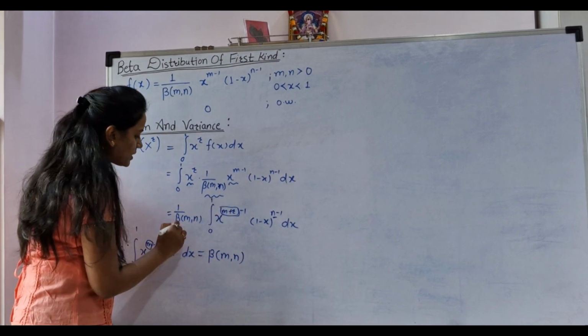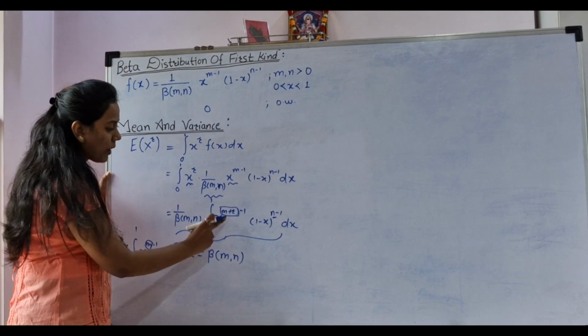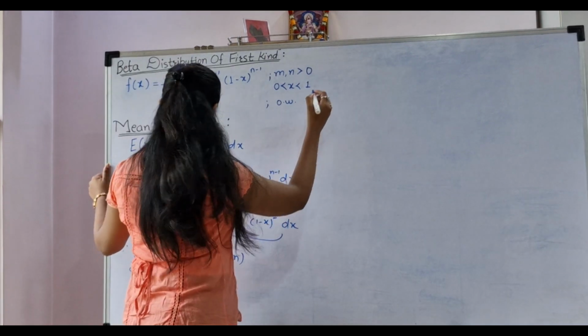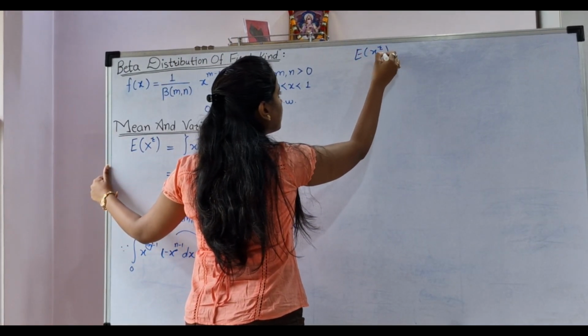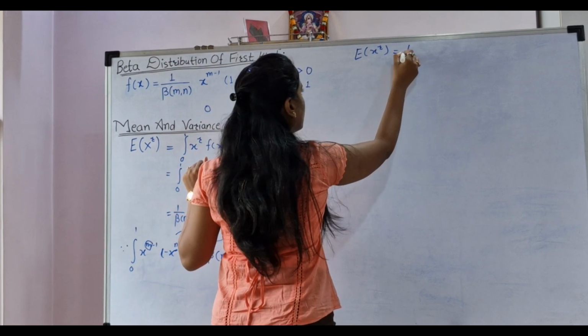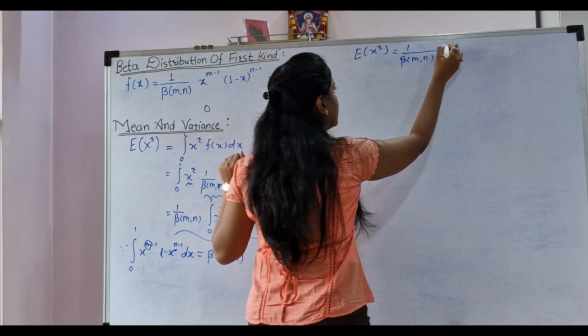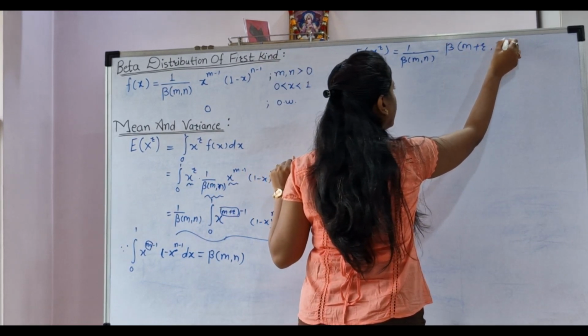So now this integral will be beta with parameters m plus r and n. Therefore, we can write expectation of x to the power r equals 1 upon beta(m, n) as it is, and here it will be beta(m plus r, n).